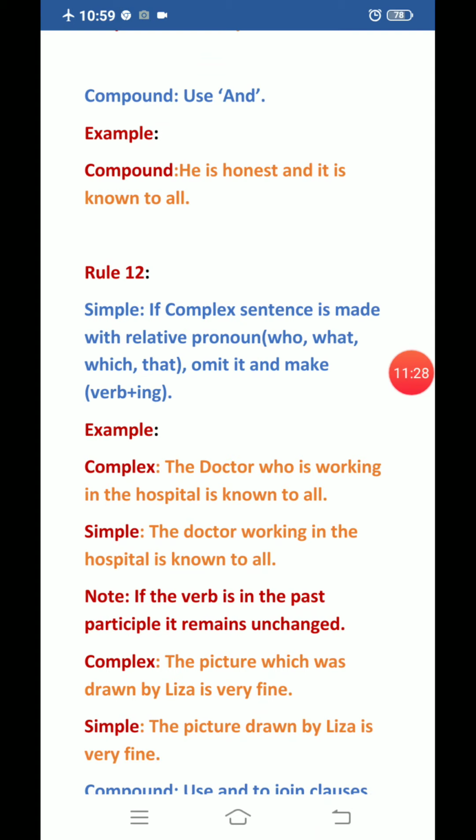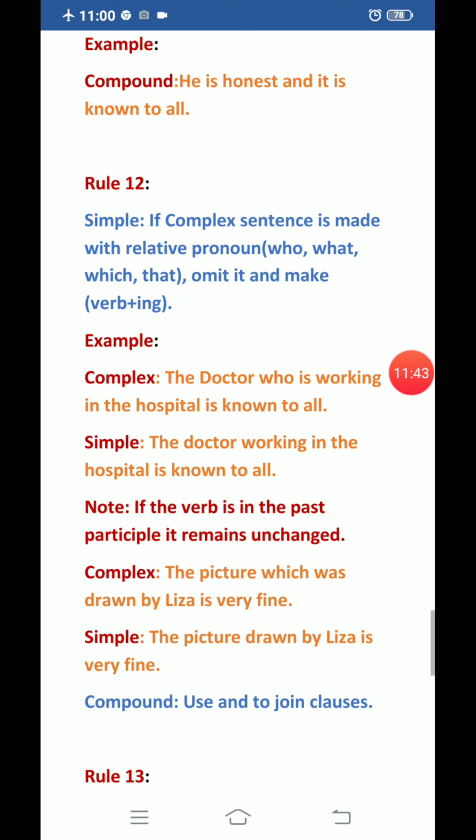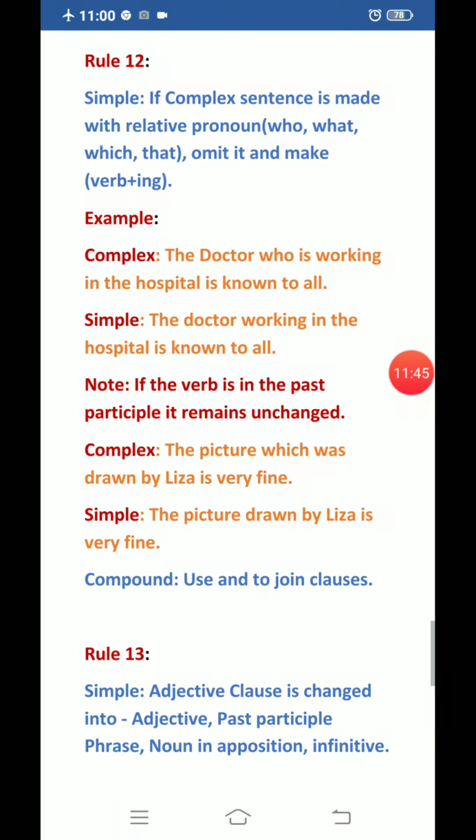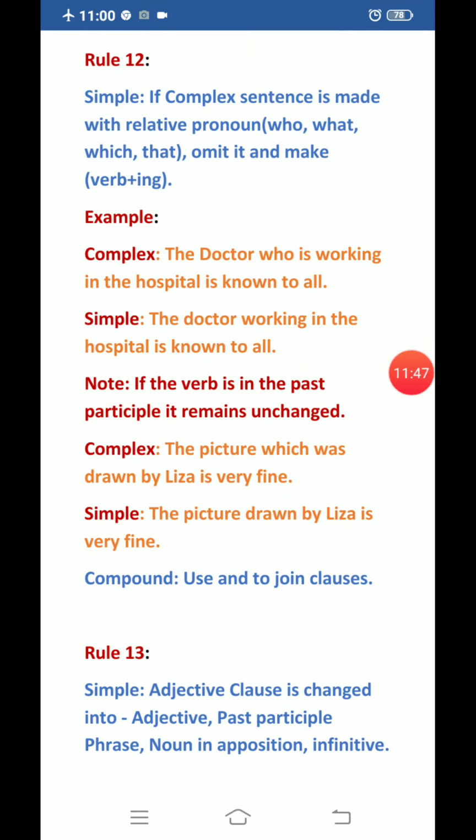Rule number 12, from complex to simple sentence. If a complex sentence is made with relative pronouns who, what, which, that, omit it and make verb plus "ing." Example, complex sentence: The doctor who is working in the hospital is known to all.